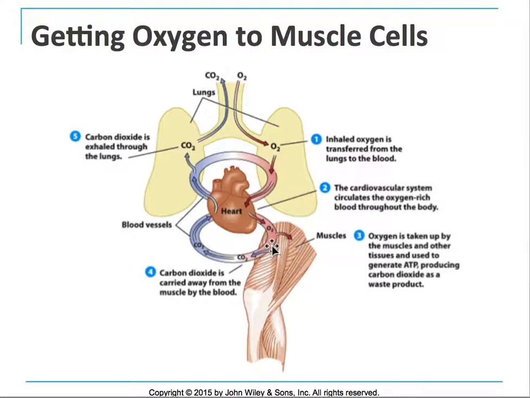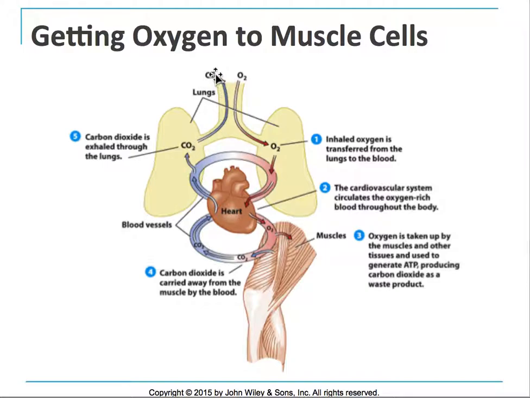Once cellular respiration takes place in those muscle cells, your muscles have the waste product of carbon dioxide. So the oxygen is dropped off in your muscles, then carbon dioxide is released into your blood. The blood then takes that carbon dioxide back up into your heart, which then pumps that blood and carbon dioxide into your lungs. The carbon dioxide is dropped off.